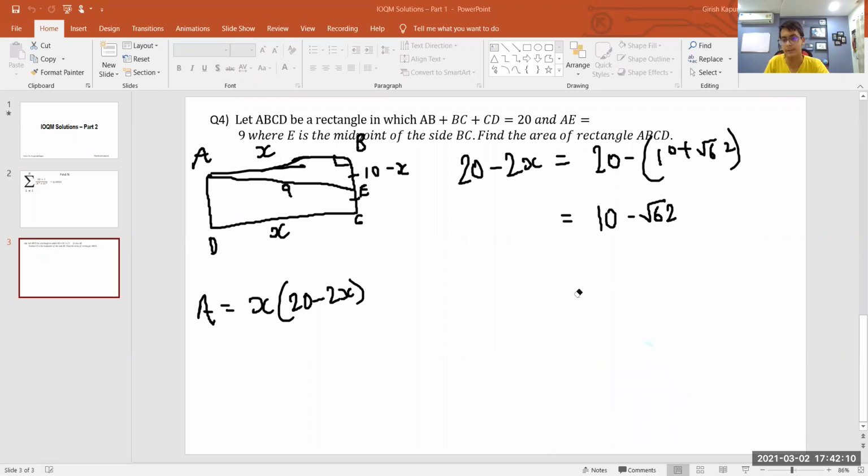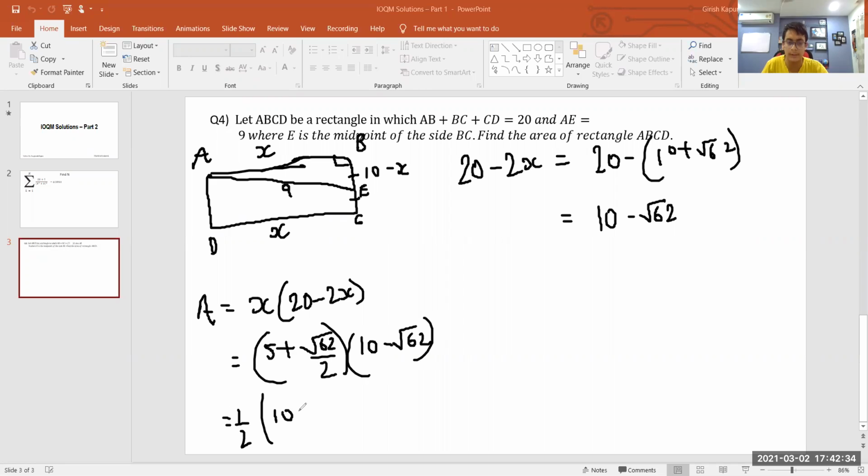So x was (5 plus root 62) over 2. Okay, so that's going to be (5 plus root 62) over 2 times (10 minus root 62). Now I'm just going to take 2 in the first fraction as the common denominator.